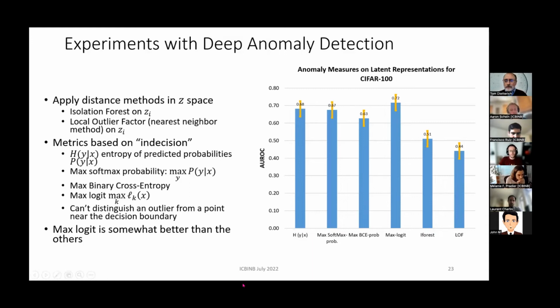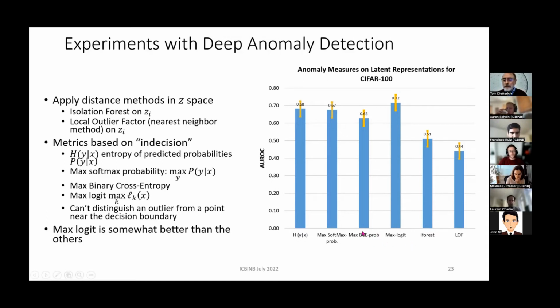We could take the max of the softmax probabilities. So, Dan Hendrycks, when he was an undergraduate, published a paper showing that the maximum of the softmax probabilities, when it is small, is an indicator, obviously, that the classifier is not very confident. And so maybe that would be a good anomaly score.